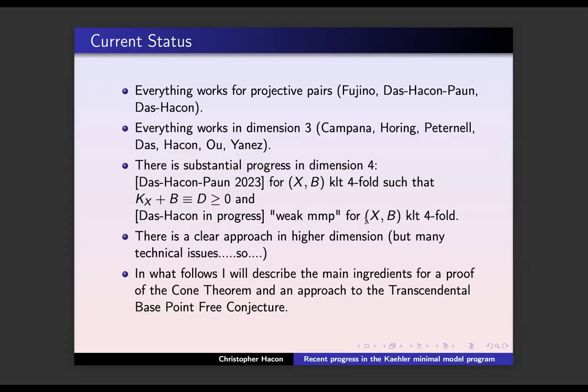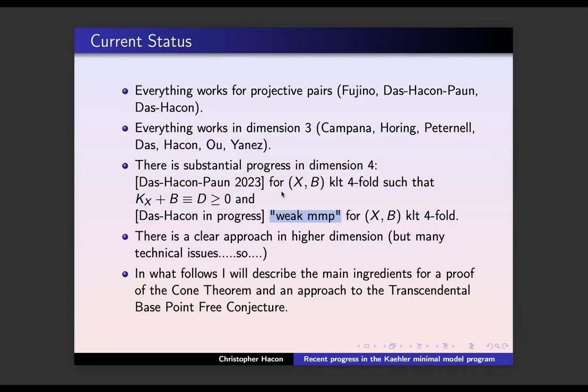Actually, not even just the pseudo-effective case, for all fourfolds, but the caveat is that we cannot prove that we get a sequence of flips and divisorial contractions, but we get a sequence of weak flips and weak divisorial contractions. So they sort of look like flips and divisorial contractions up to some flops. They're not as precise as the usual flips. But anyhow, there is substantial work in progress for fourfolds.